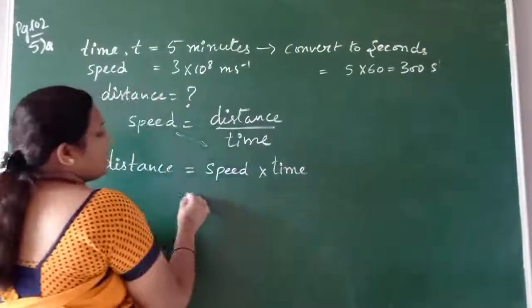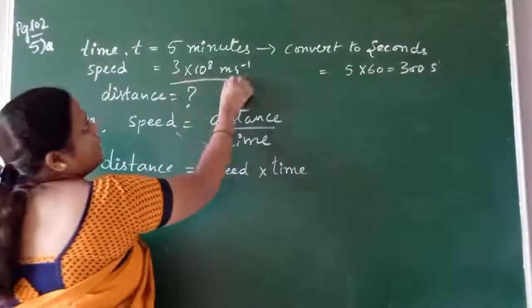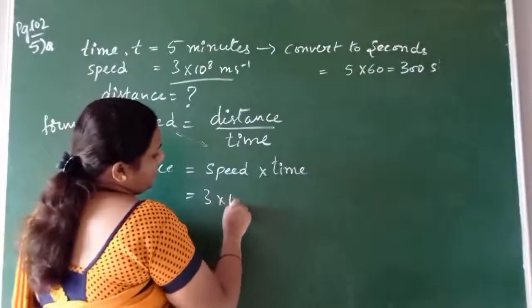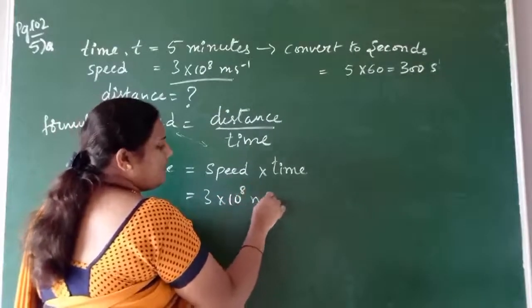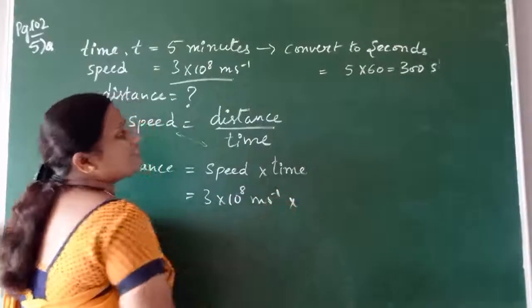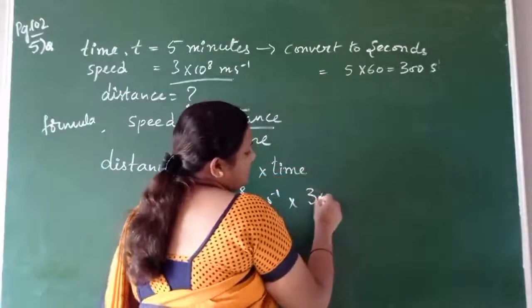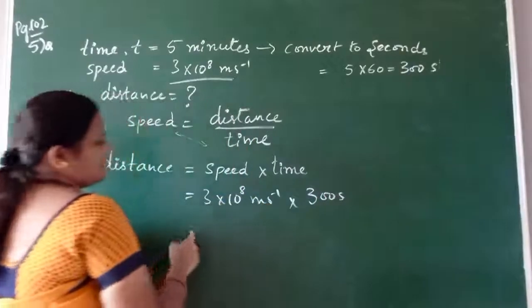What is the speed value, children? 3 into 10 to the power of 8 meter per second. Then what is the time? It has been converted to seconds, that is 300 seconds.